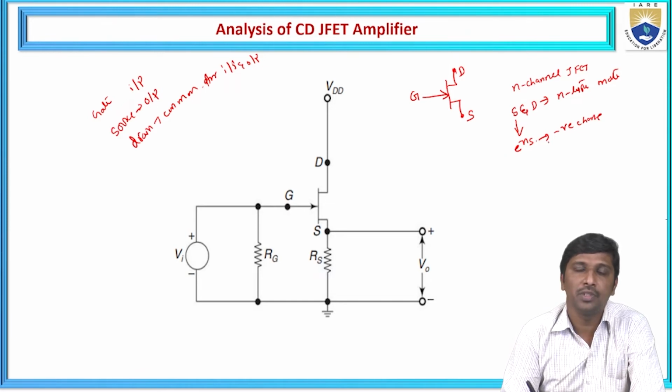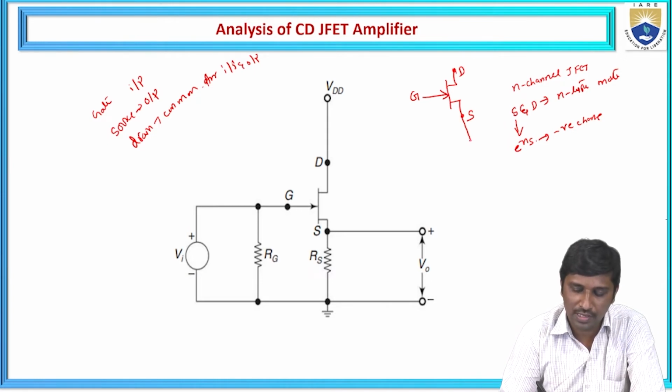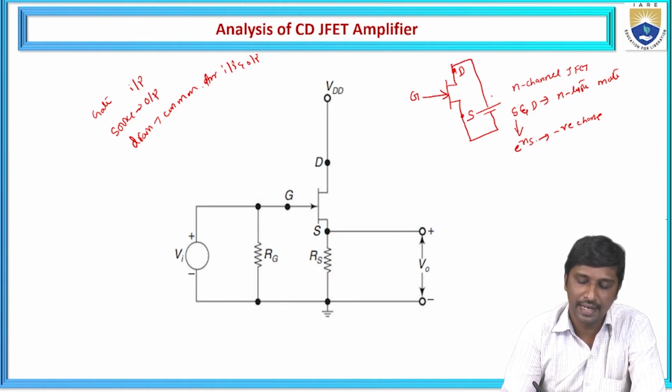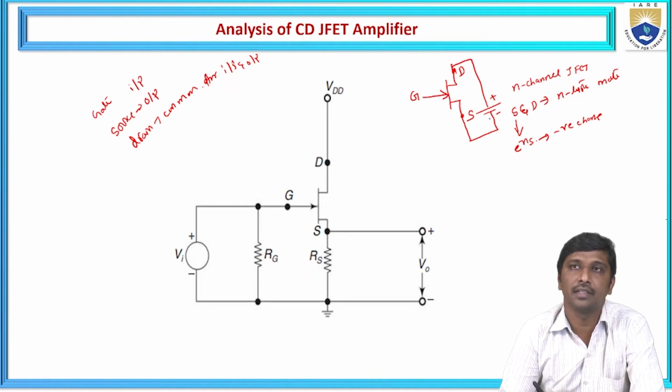If you want to repel the charge particles, we need to apply a negative field to the source. Hence, the source is biased with the negative pole of the battery with respect to the drain. The drain is biased with the positive pole of the battery, and the source is biased with the negative pole.